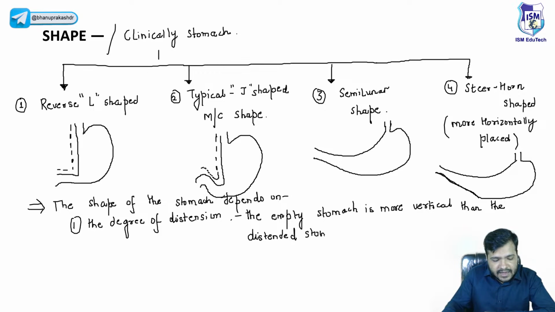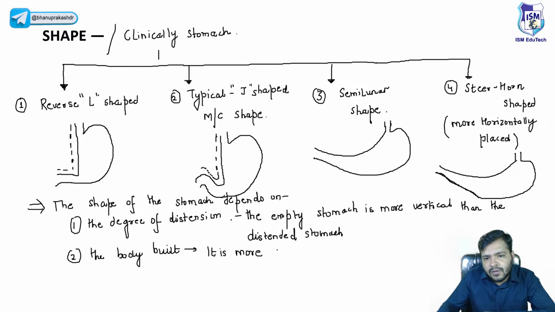Secondly, we have the body built, beta. Remember, the stomach is more horizontal in short, obese individuals.